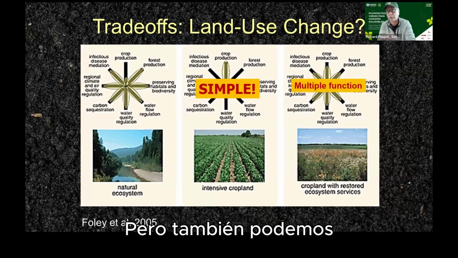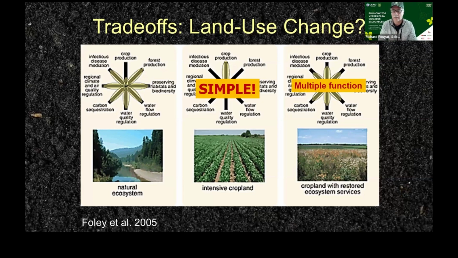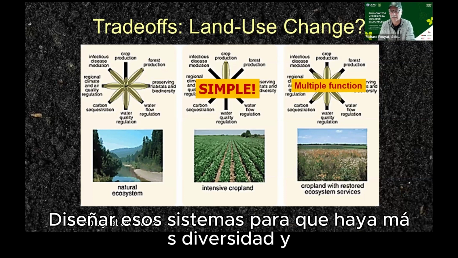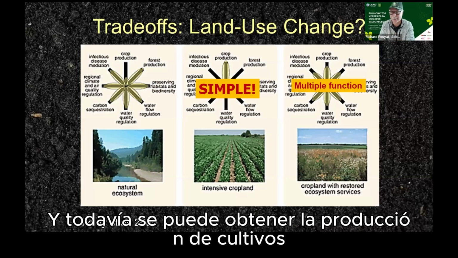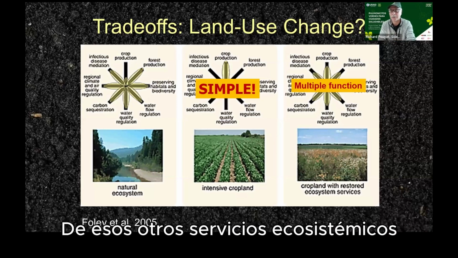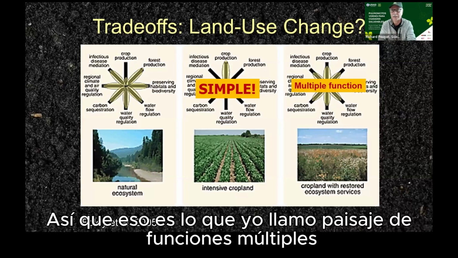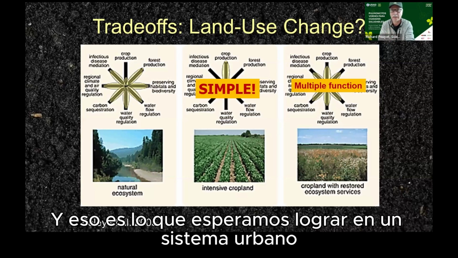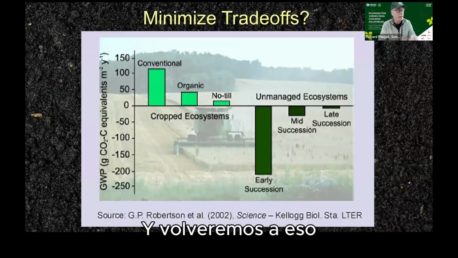But we can also design those systems so that there's more diversity, and you can still get crop production, but you can also restore some of those other ecosystem services. So that's what I call multiple function landscape. And that's what we hope to attain in an urban system. And we'll come back to that.